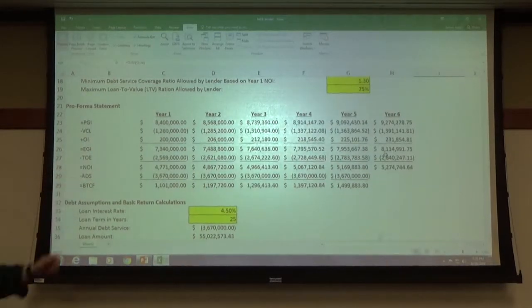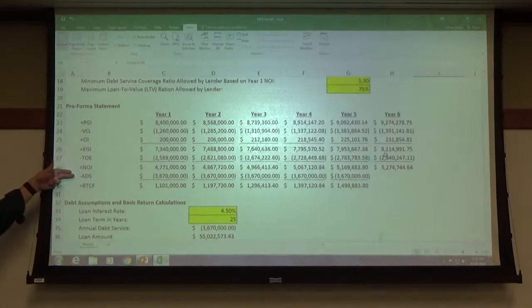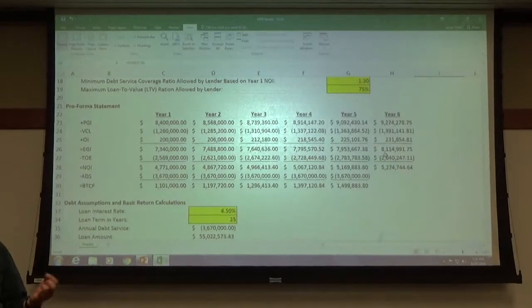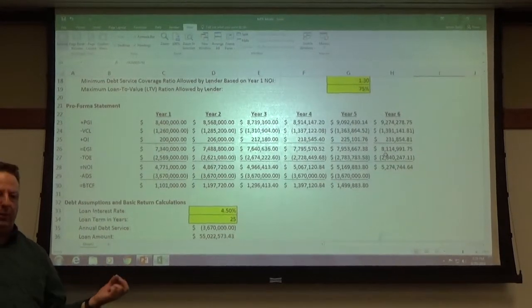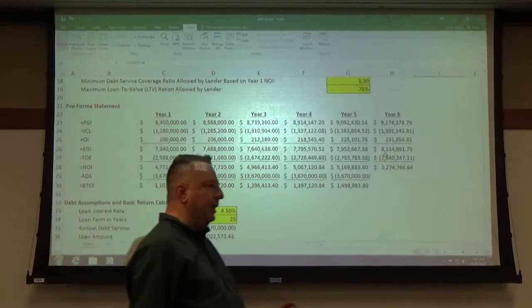Subtract out ADS, which stands for annual debt service, which is basically your loan payment, principal and interest, which we're going to get into as well. Once you subtract that from your NOI, that leaves you with before tax cash flow, BTCF.